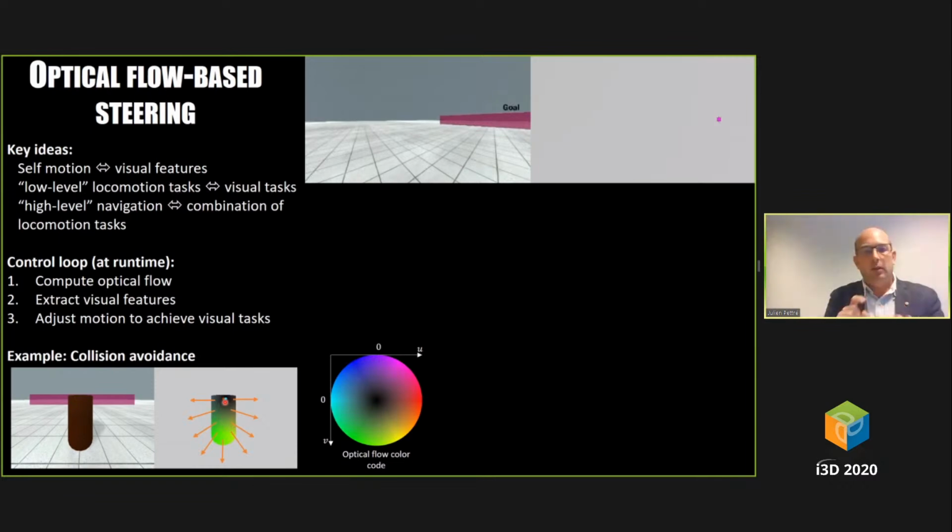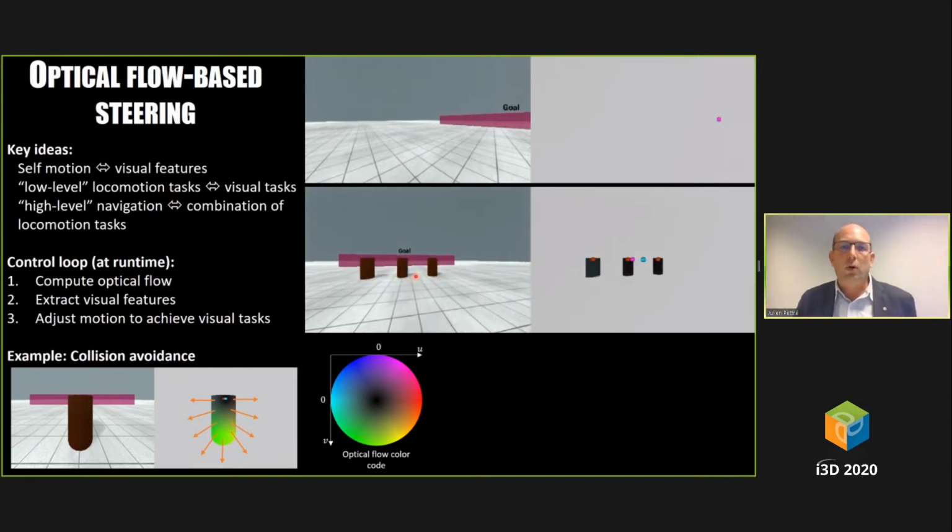If the FOE, the focus of expansion of an object, is superimposed with its shape, since it's expanding in all directions, it means that you will be colliding with it. So the visual task will be to separate the shape and the focus of expansion. And again, we have the mathematical relationships between motion and those features, so as to know exactly how the agent can adjust its velocity to do this.